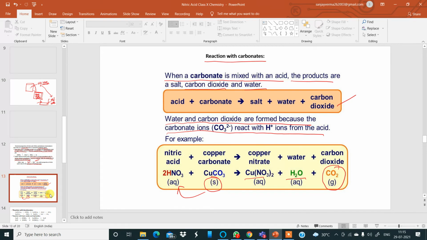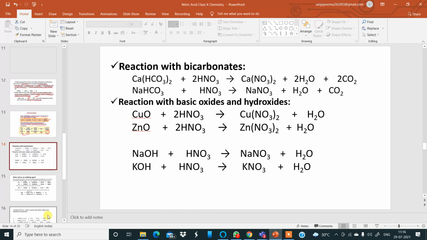This observation can be seen as effervescence coming out from the reaction container, the beaker or the test tube in which the reaction is carried out. So this reaction of dilute nitric acid with carbonates is important for you all to remember, and try to practice the chemical equation also.